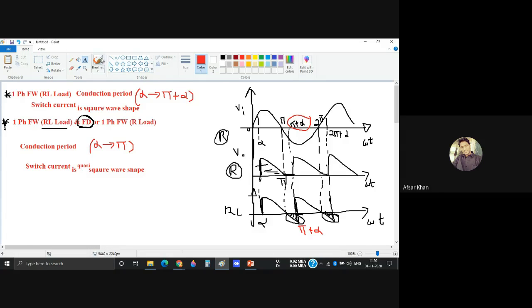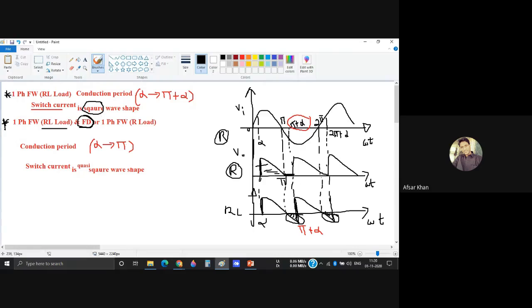So an important point we have found here. For single phase full wave RL load, the conduction period is pi to pi plus alpha, and the switch current shape is only a square wave.